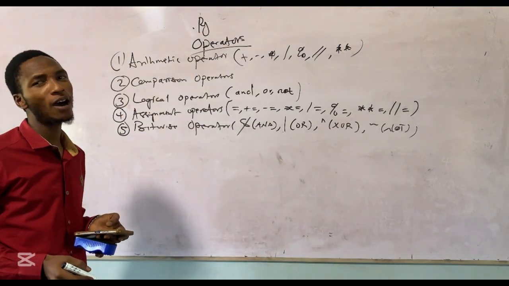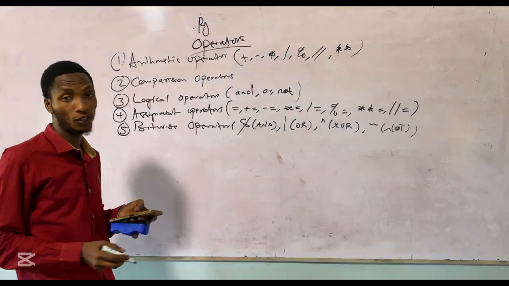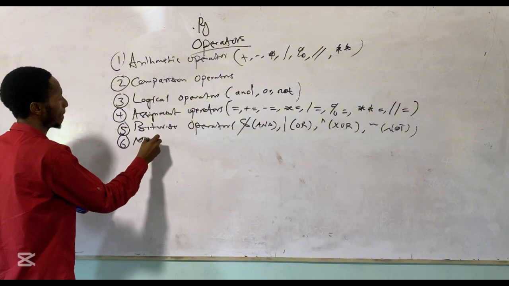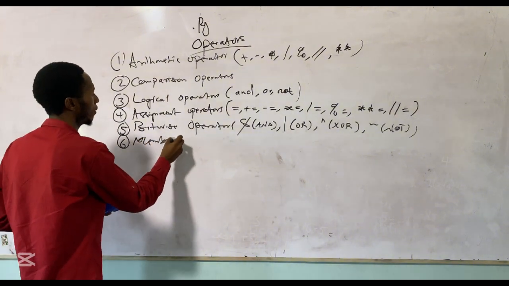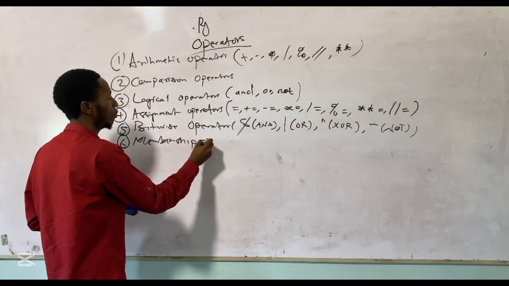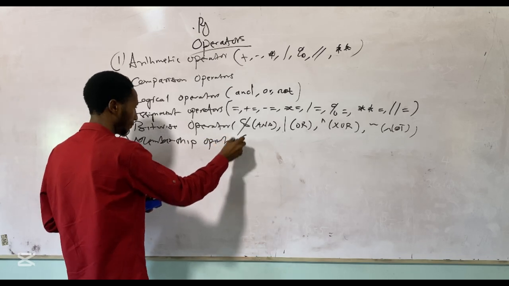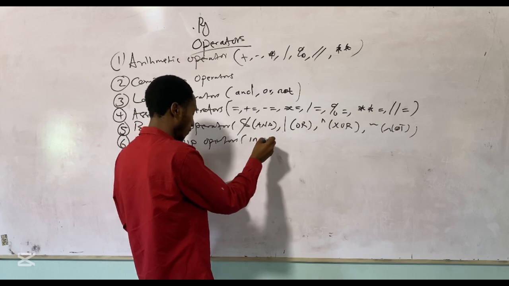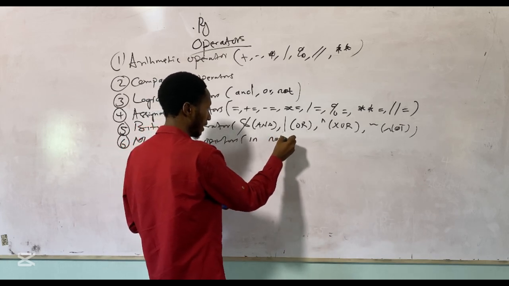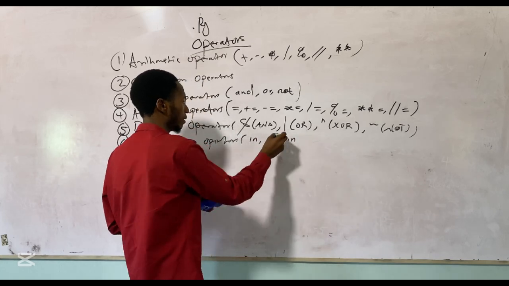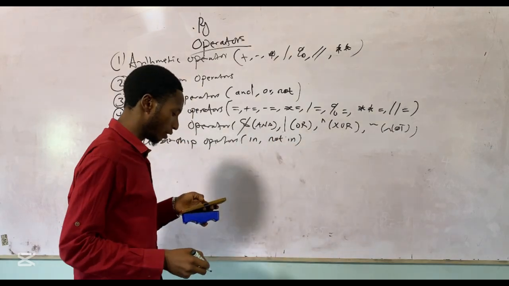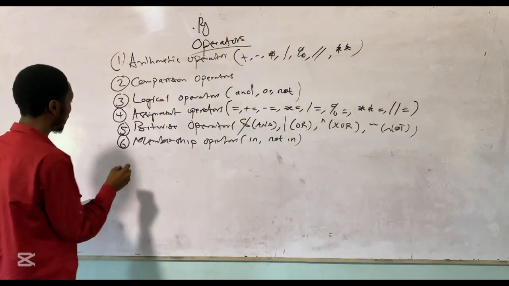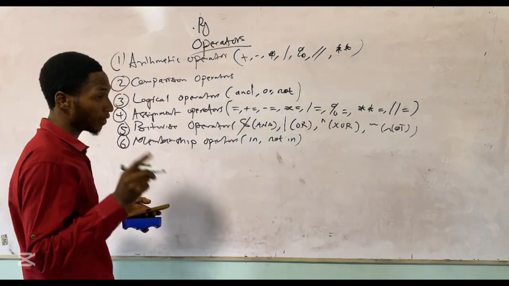And we also have membership operators: we have in, and we have not in. Then we have identity operators: we have is, and we have is not.